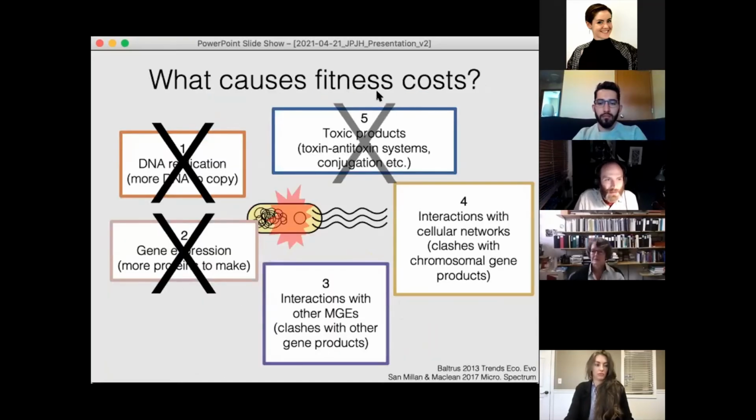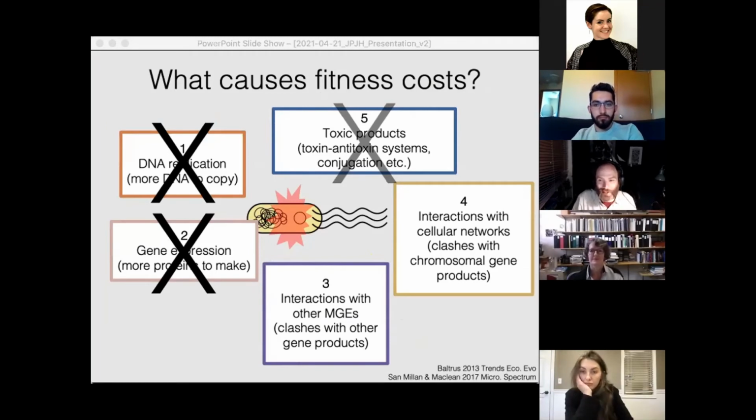So what causes plasmid fitness costs? Hopefully I've convinced you that the majority of plasmid fitness costs are actually due to specific gene interactions both with other mobile genetic elements and with other chromosomal gene products. Now, I'm not saying that plasmids don't have a metabolic cost. We can calculate the metabolic cost. We can actually see it in some cases.